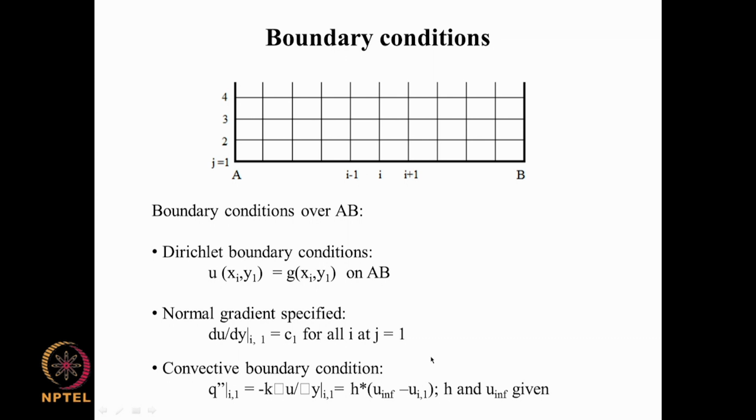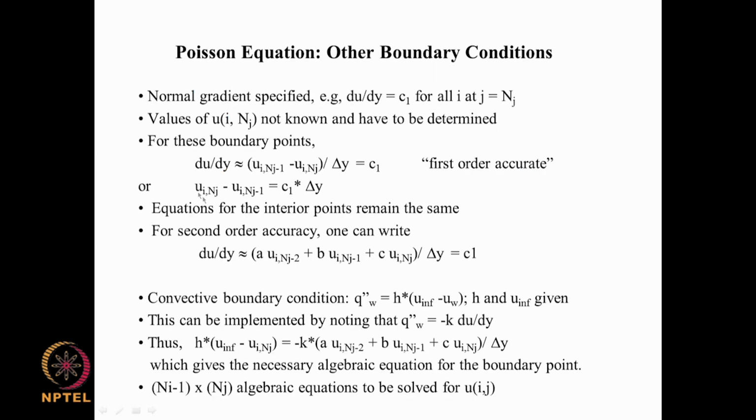And in each case we were able to make use of the boundary conditions to develop an algebraic equation for the boundary points. This is using a first order accurate scheme, or a second order accurate scheme.